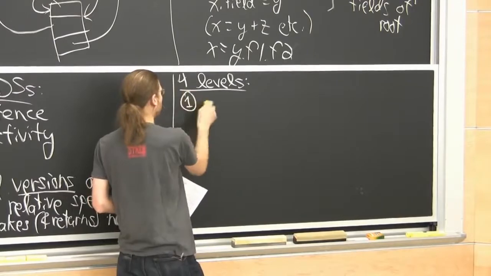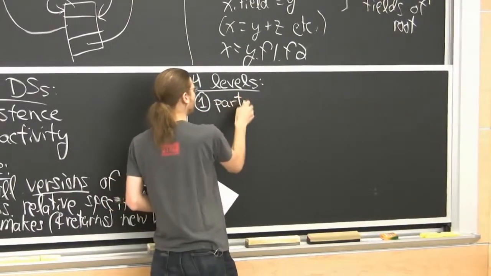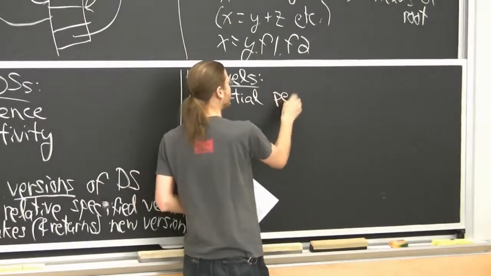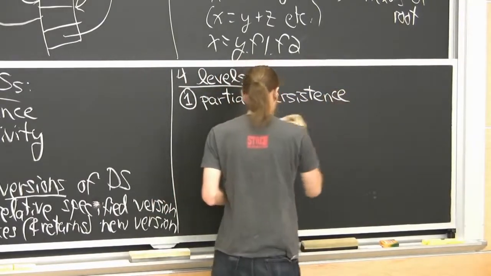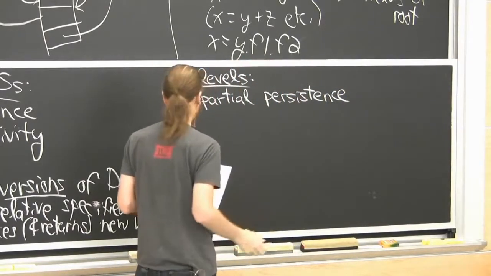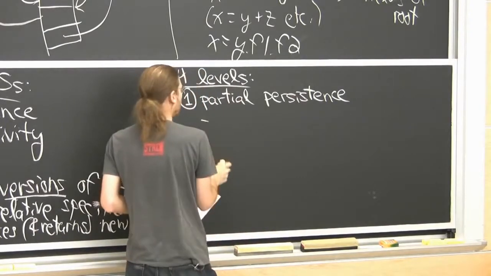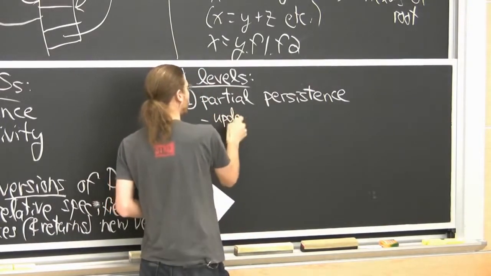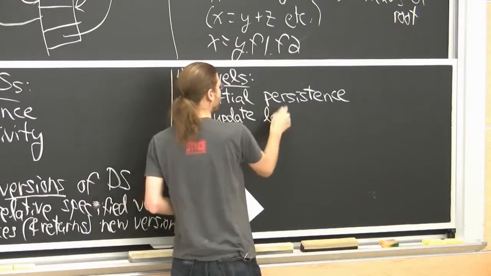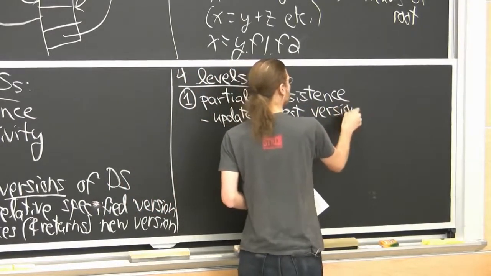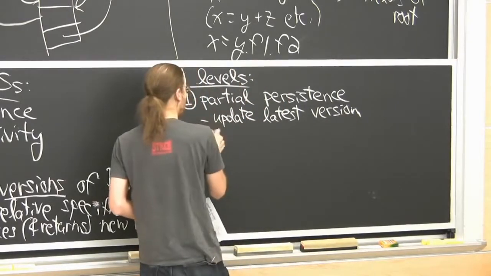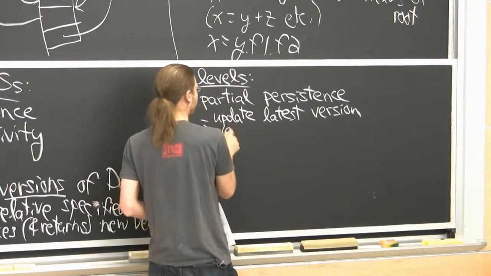The first level is called partial persistence. This is the easiest to obtain. In partial persistence, you're only allowed to update the latest version, which means the versions are linearly ordered.